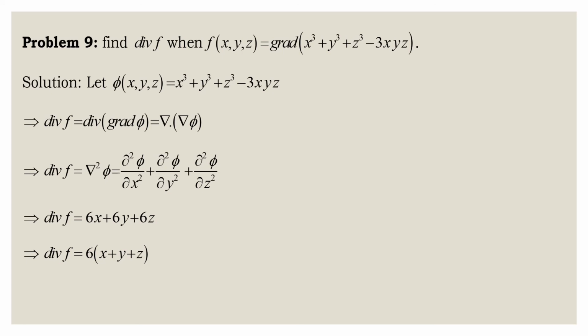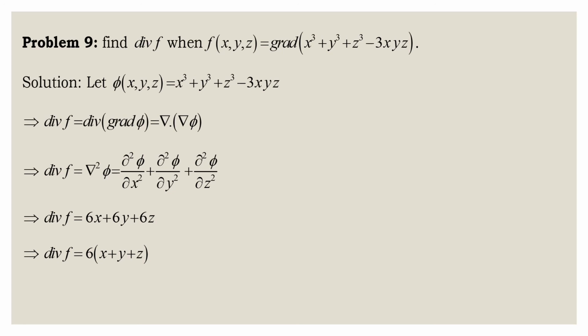Here, dou phi by dou x equals 3x square minus 3yz. Dou phi by dou y equals 3y square minus 3xz. Dou phi by dou z equals 3z square minus 3xy.